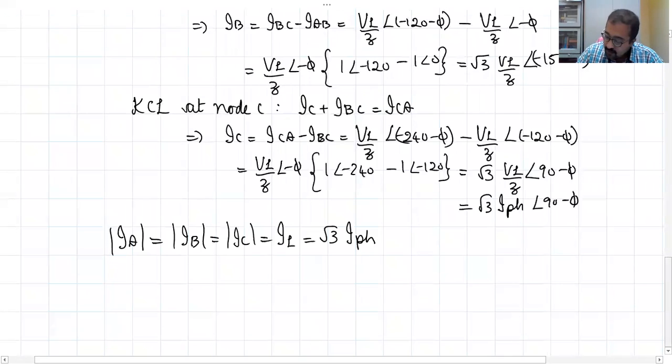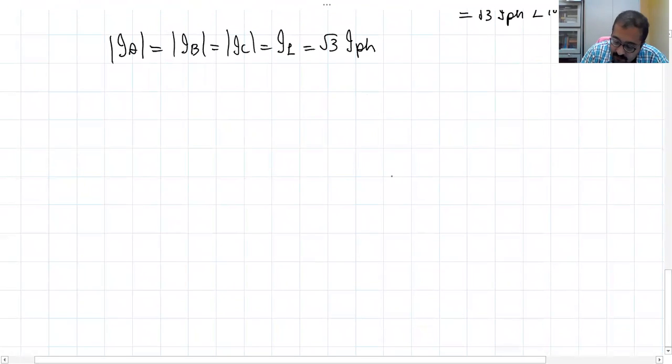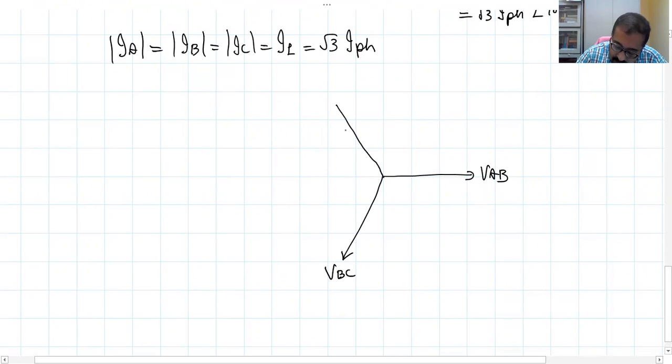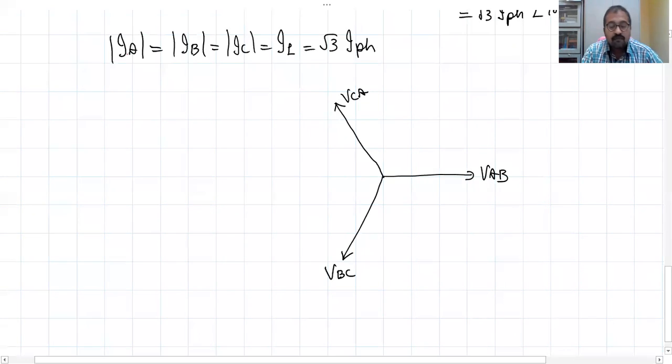Okay, so let us first draw what is the voltage. So this is VAB, this is VBC, and this is VCA. Okay, these are the three phase voltages or line voltages, because in a delta, V line and V phase are one and the same.